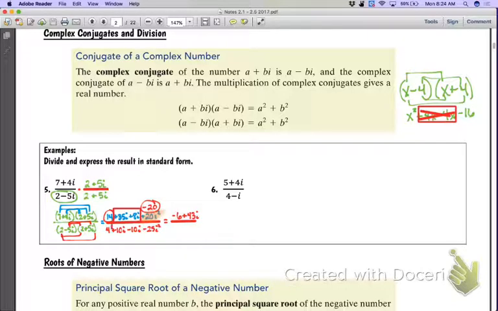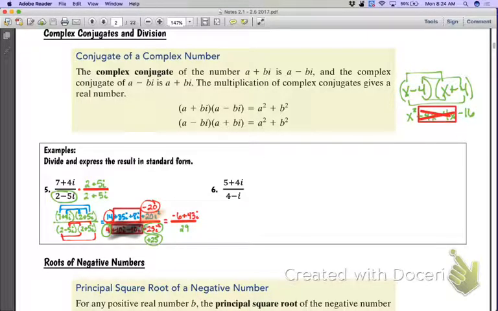So again, what's going to happen right here in the middle? It's just going to go away, right? Because one's positive and one's negative. What's the negative 25i squared going to turn into? Positive 25. So really I just have 4 plus 25 on the bottom and have 29.